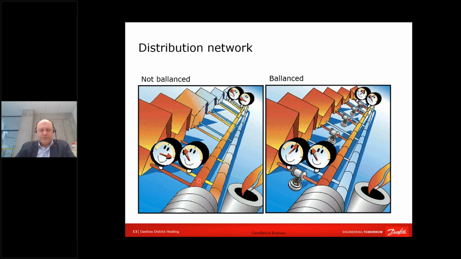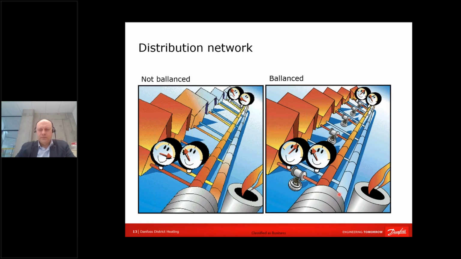That happens because of short circuit, and the most remote consumers far away are not receiving energy. What we do is balance the network with differential pressure controllers. We set them right, so everybody is receiving energy, and return temperature to the district heating utility is at a good level.